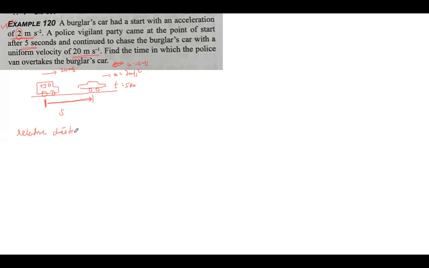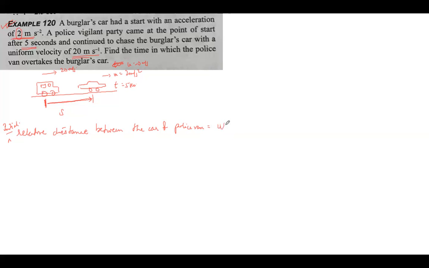सो जो पहले डिस्टेंस था इन दोनों के बीच में उसको रिलेटिव डिस्टेंस कहते हैं. तो रिलेटिव डिस्टेंस बिटवीन द कार एंड पुलिस वैन इज इक्वल टू इनिशियल रिलेटिव डिस्टेंस कर लो. जब पुलिस वहां पे पहुंची तब जो रिलेटिव डिस्टेंस था that is equal to ut plus half at square.